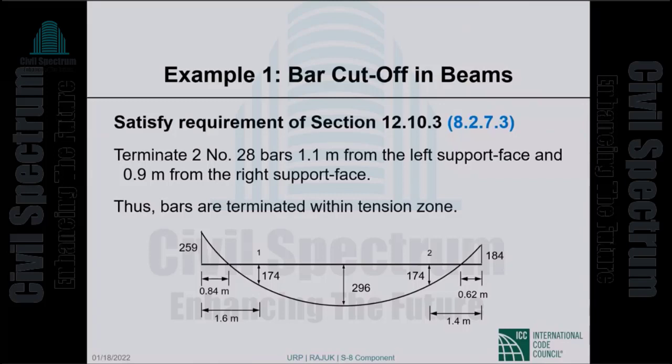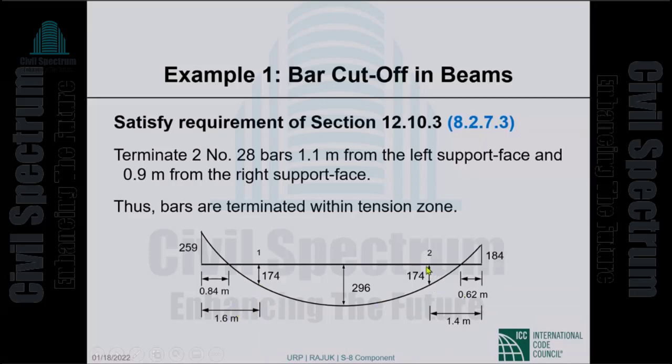So this is 1.6 meters. If you take away the 0.484, basically 0.5, theoretically the bars can be cut off here, but they need to go another half a meter. So that will give you termination point 1.1 meters from the left support.